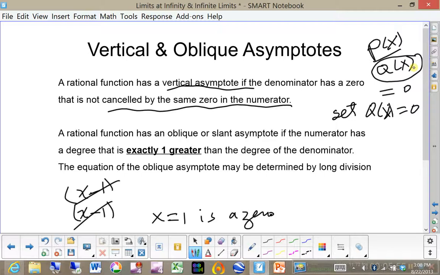Now there is another kind of asymptote called an oblique asymptote, or sometimes called a slant asymptote, if the numerator has a degree that is exactly 1 greater than the degree of the denominator.